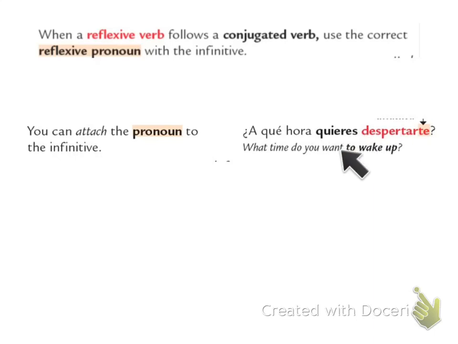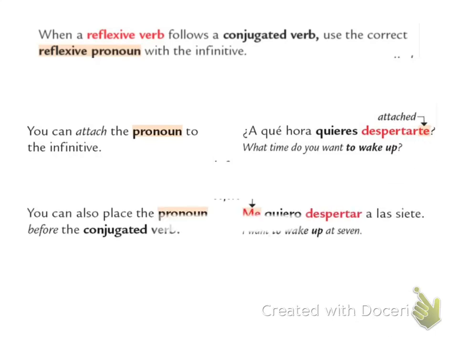This verb is in the to form, the to wake up, the most basic form. Okay? So you can attach to an infinitive. Or, the same exact sentence, you can put it before the conjugated verb. Te quieres despertar. The only reason why this is possible is because this is the conjugated verb, this is not.